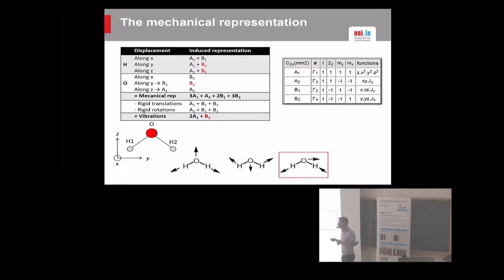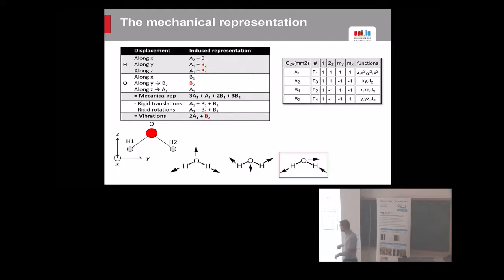But then if I keep in mind that I don't want any rigid translation, so the sum of all this has to be 0, and I also don't want rigid rotation, so the sum of the moments with respect to the center of mass has to be 0. That gives me 2 equations, essentially, that I can use to completely determine this.